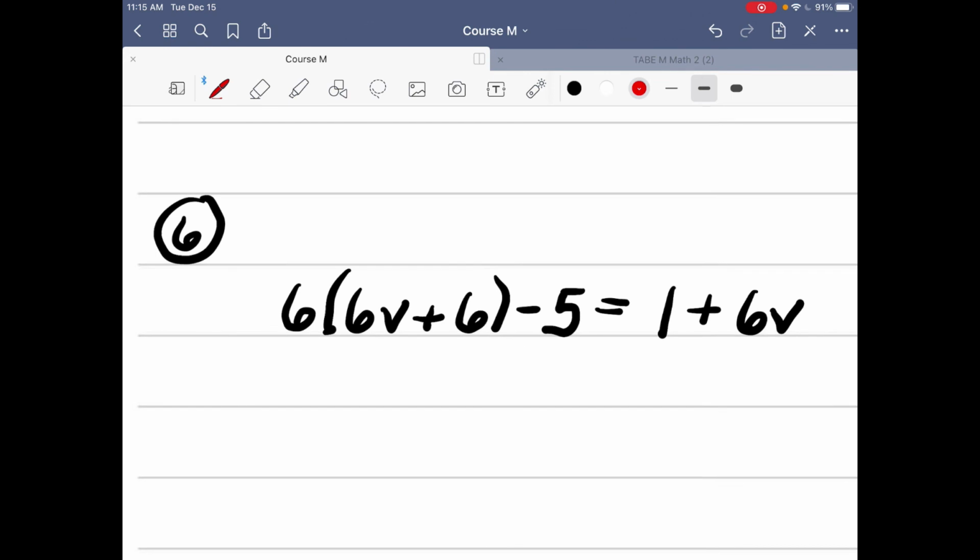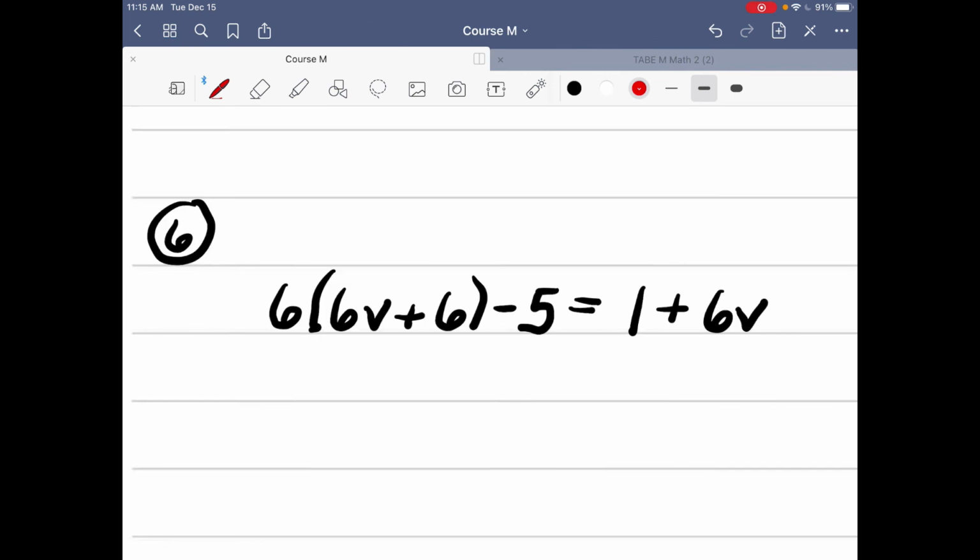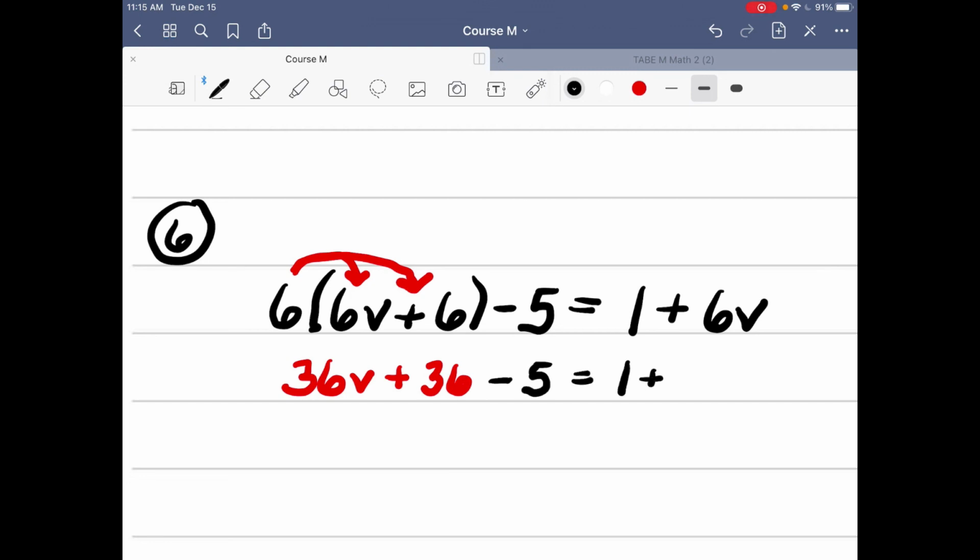We have to distribute. So don't even worry about the rest of the problem. Let's do this part. 6 6s are 36, and that one has a v. And then 6 6s are 36 with no v. Then you copy the -5 and then this part.